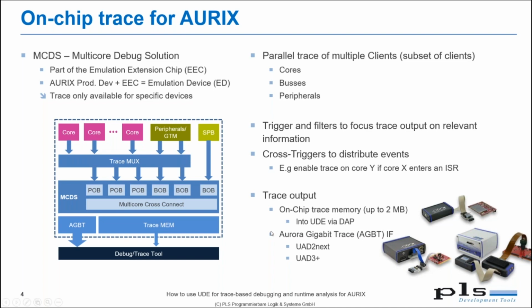For that, we also provide devices supporting it: the UDE2 Next, this black one, or the UDE3 Plus, the white one, support it by dedicated trace modules or trace pods. They also have a trace memory implemented there: 512 megabytes for the UDE2 Next and up to 4 gigabytes of trace memory for the UDE3 Plus.